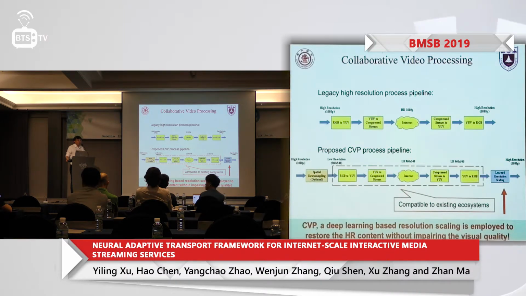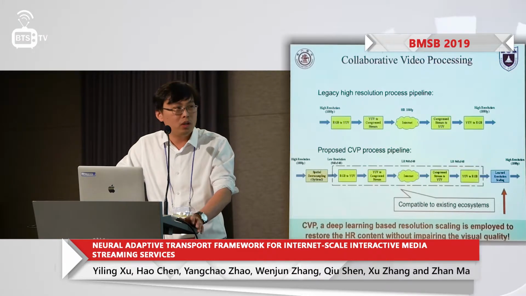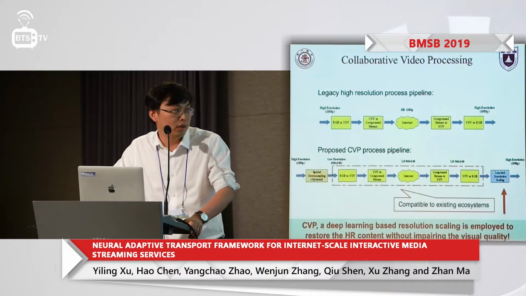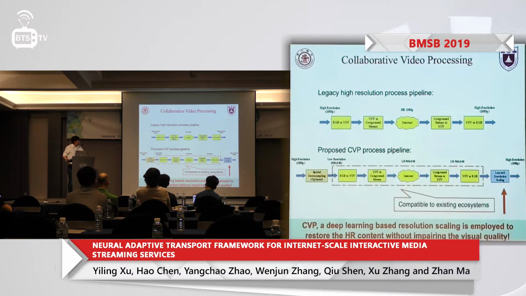In the past, we could only use handcrafted interpolation filters, such as bicubic or edge-preserving ones. They can resolve a little of the issue, but with current deep neural networks, we can restore a lot of that missing high-frequency information. So with this approach, we still have a pipeline compatible with the existing ecosystem.